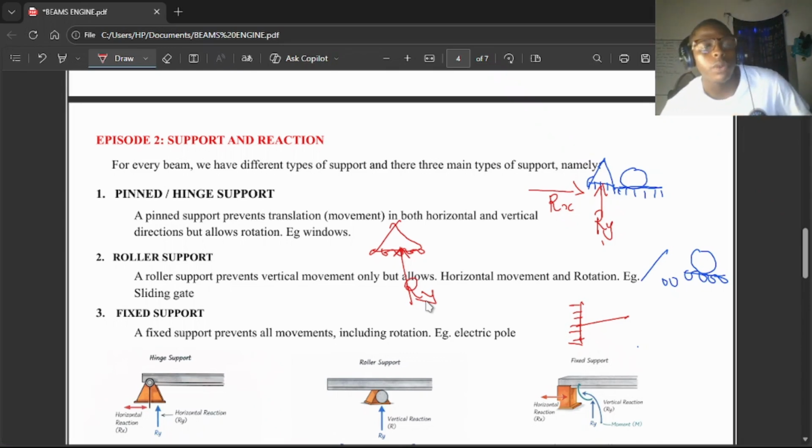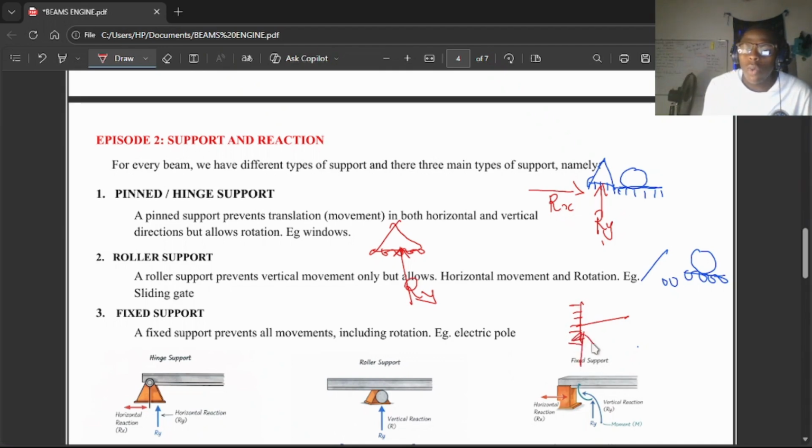Now, the last type of support which we have here is the fixed support. I said the fixed support prevents all movement, including rotation. So what reactions are you going to see for your fixed support? You are not going to see any movement, so it's going to have three reactions. Why? It's not moving vertically, that's one. It's not moving horizontally, that's two. And it's not moving rotationally, that's three.